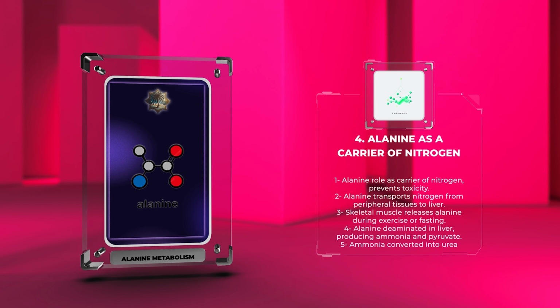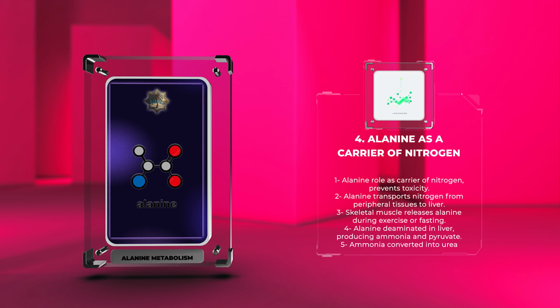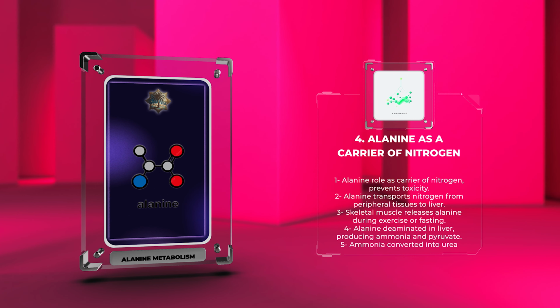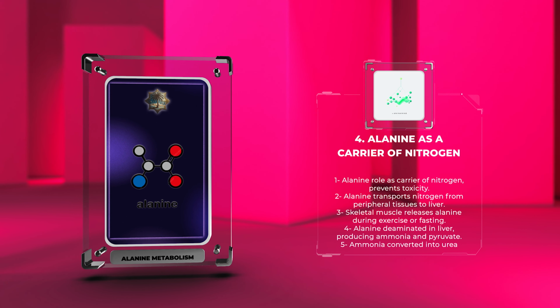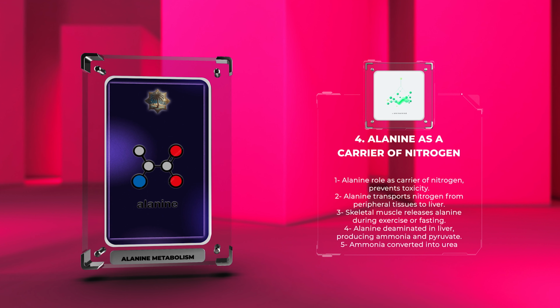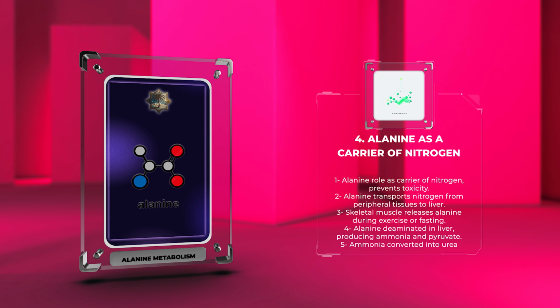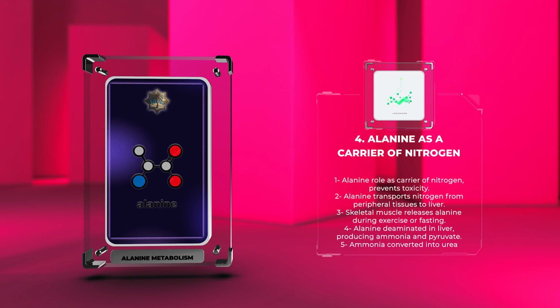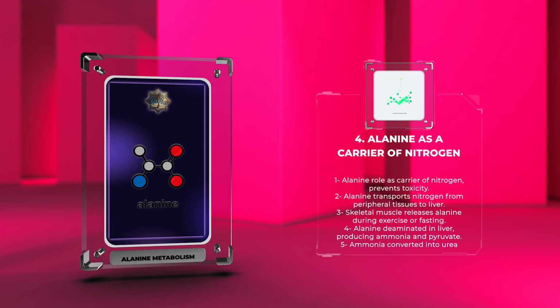Once inside the liver, alanine is deaminated, resulting in the release of ammonia and the formation of pyruvate. The ammonia produced from alanine metabolism is converted into urea through the urea cycle, ultimately being excreted in urine. This process ensures the safe elimination of excess nitrogen from the body. By acting as a nitrogen carrier, alanine metabolism contributes to maintaining nitrogen balance, preventing nitrogen toxicity, and supporting overall metabolic health.